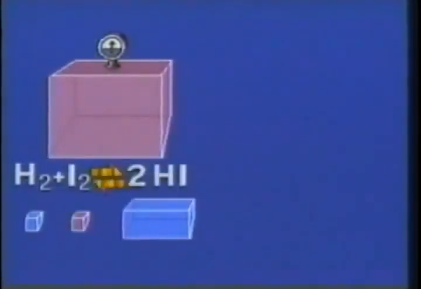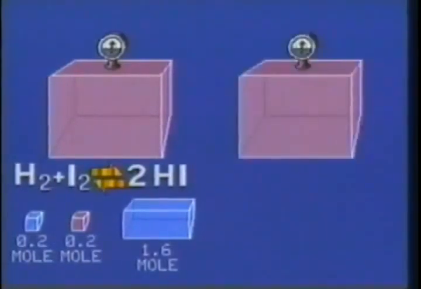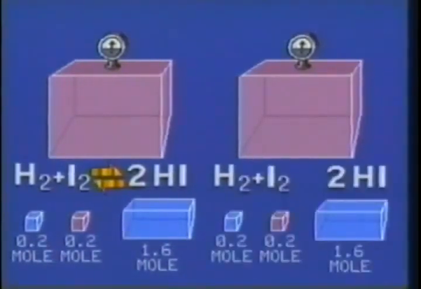When the reaction appears to stop, we have a mixture of three gases. Carefully separate them and measure the amount of each. Now take a second container under exactly the same temperature and pressure and the same amount of each gas, but with one change. We will use a radioactive isotope of iodine.